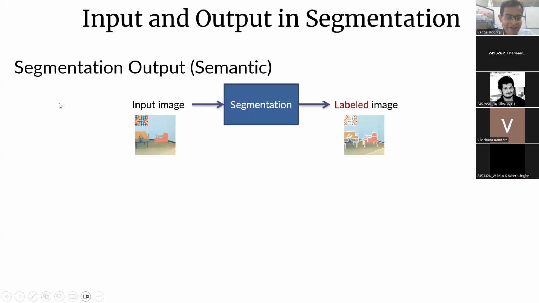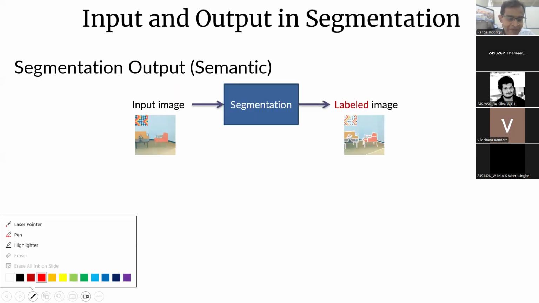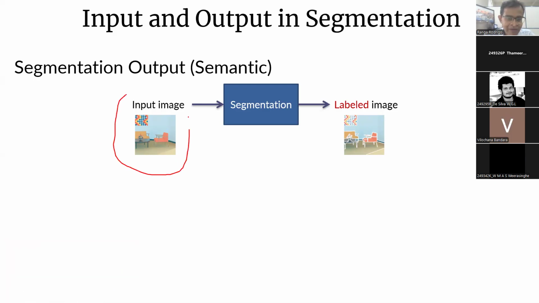In regard to segmentation, what we understood was if you are given an image, we label that image with one single color for a region. That means a label, okay? The color represents a label for the wall area, for the chair area, for the floor area, and so on. That is segmentation.